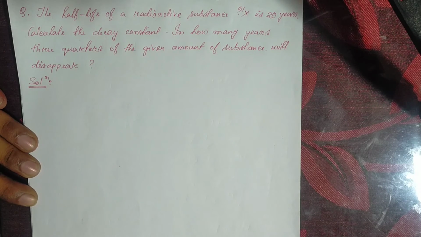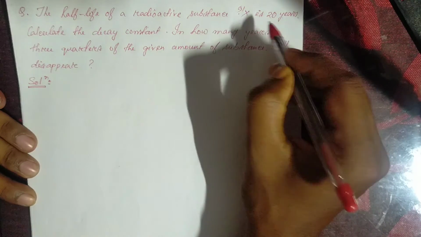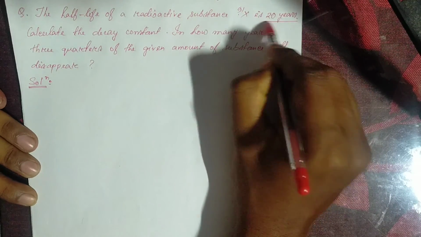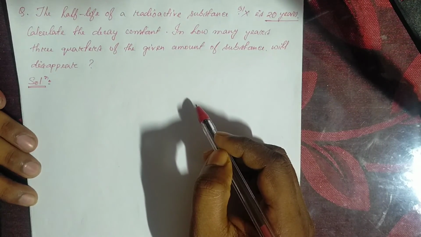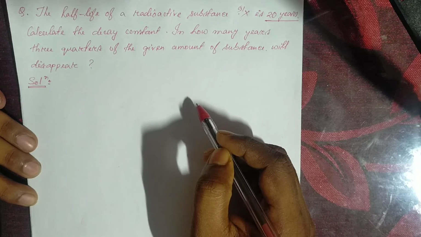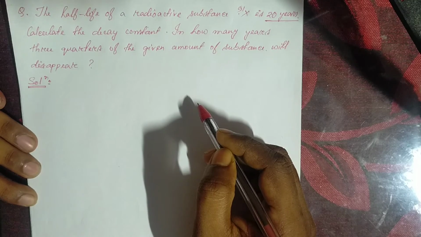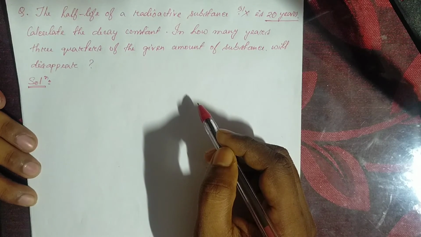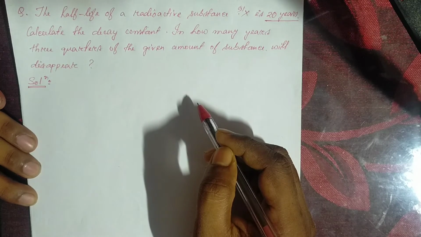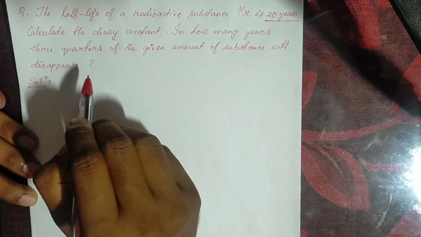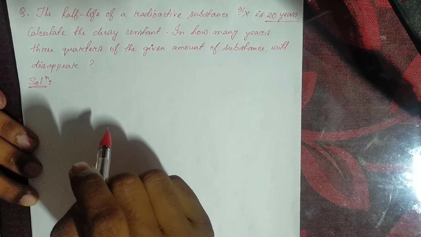So in this problem, the half-life of a radioactive substance is 20 years. Calculate the decay constant. In how many years will 3/4 of the given amount of the substance disappear?